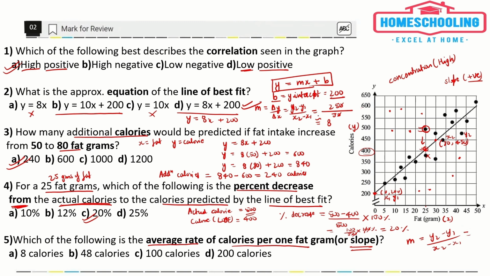We have already found the slope in part 2, approximately 8. Whenever we are given per or average rate, like kilometers per hour, we have to find the slope. So 8 calories will be your answer.